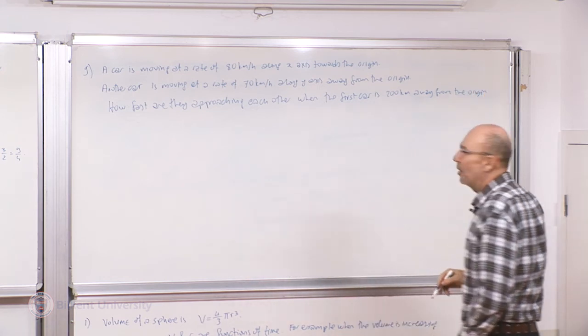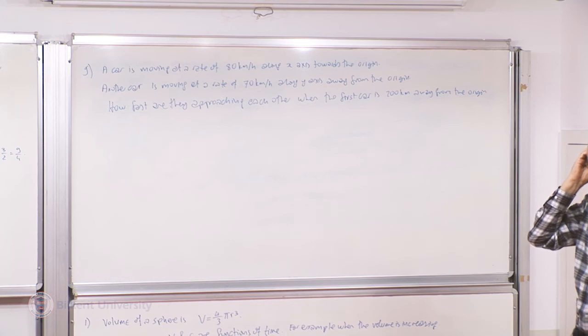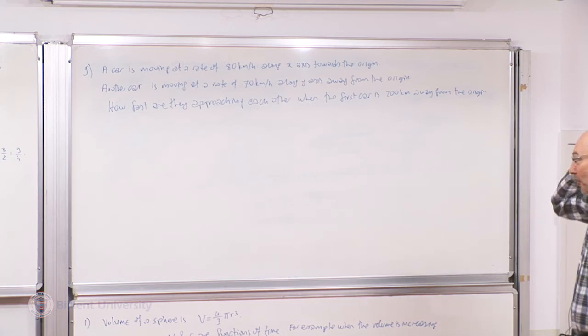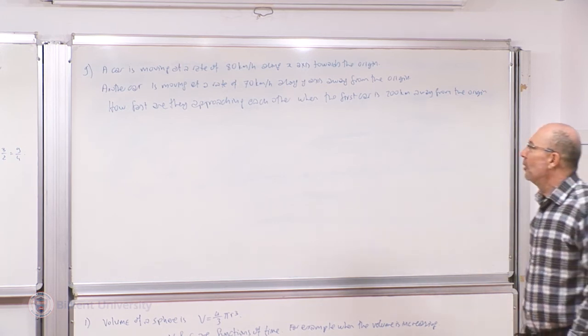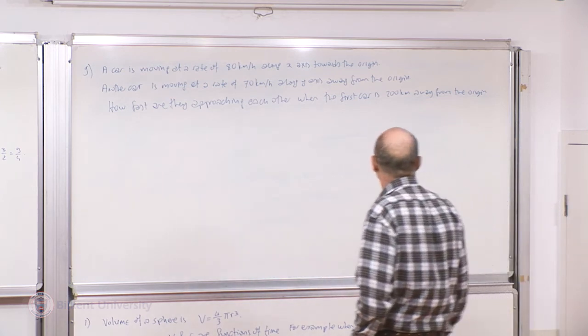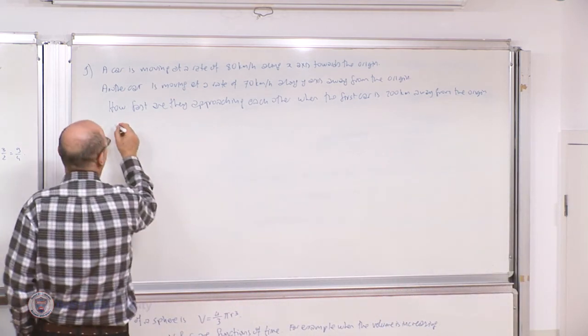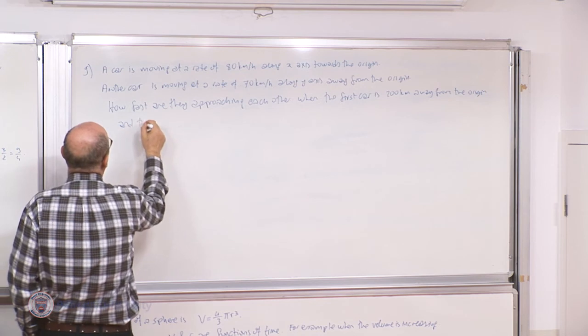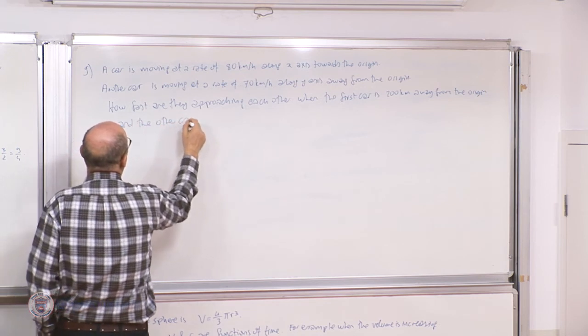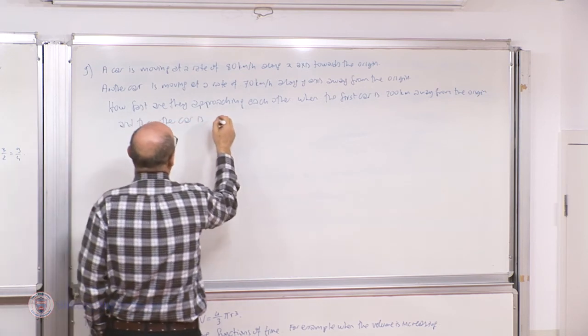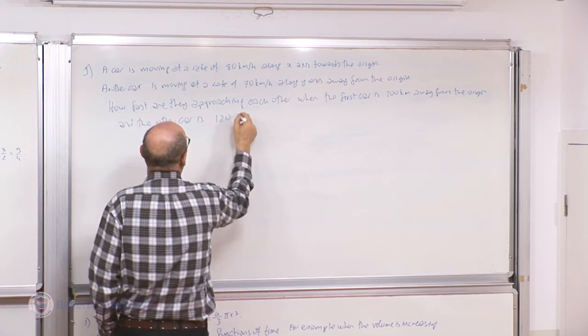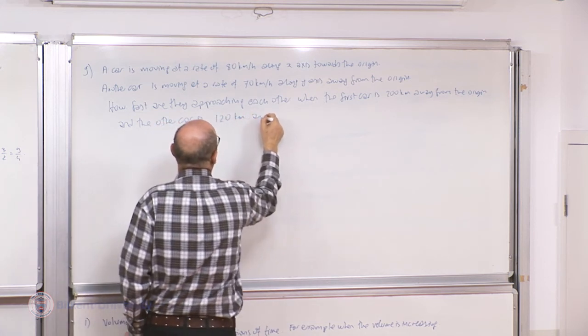So the car is in Afyon, coming towards Ankara. The other car is going towards Konya. And the other car is, let's make it 120 kilometers away from the origin.